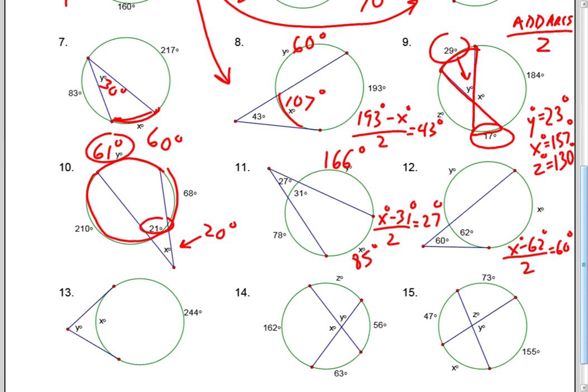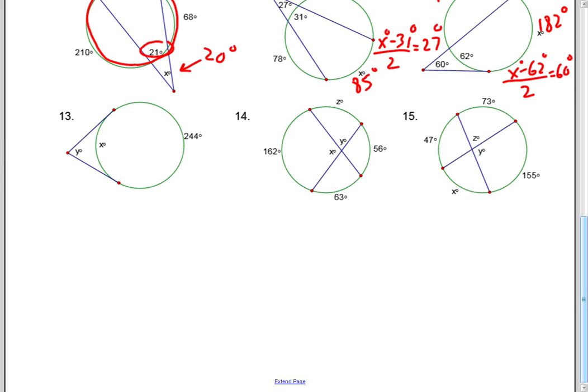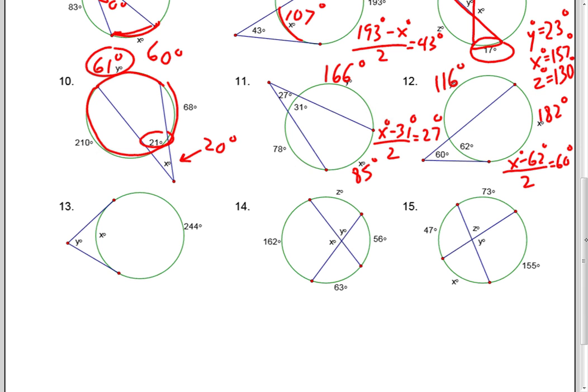For number 12, if I solve that equation, 182 for x, that leaves 116 for up here. I've got people in my other classes who are confusing segment rules with arc and angle rules.